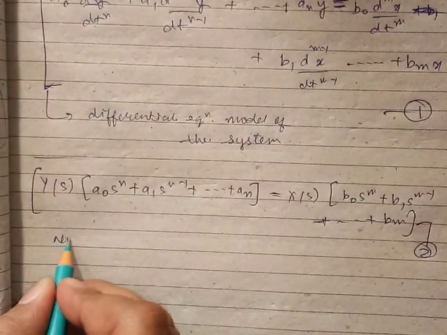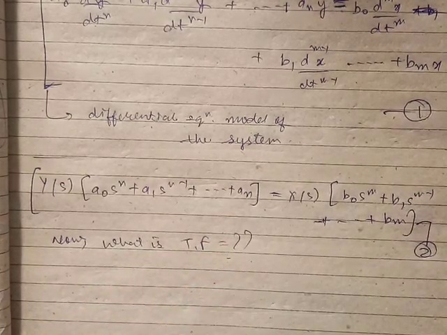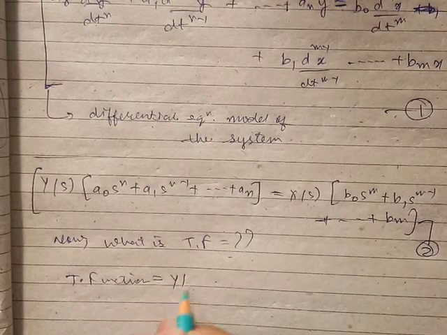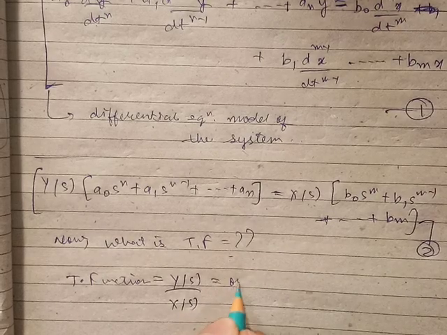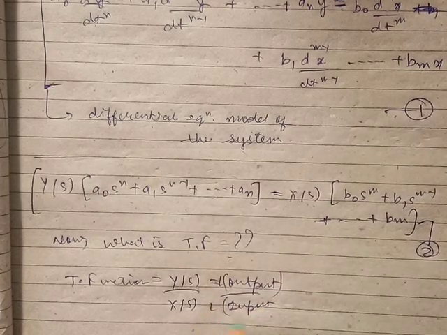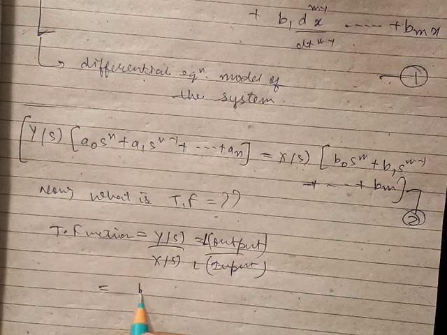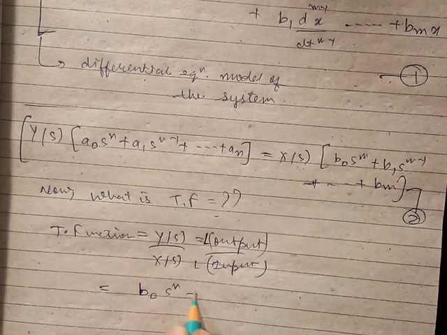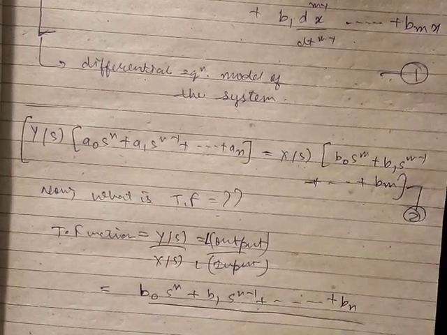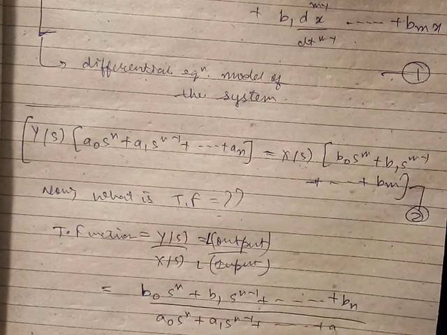Okay, now what is the transfer function? Transfer function is equal to output by input, obviously Laplace. So it is b naught s^m plus b1 s^(m-1) plus this goes on plus b m, upon a naught s^n plus a1 s^(n-1) plus goes on a n.